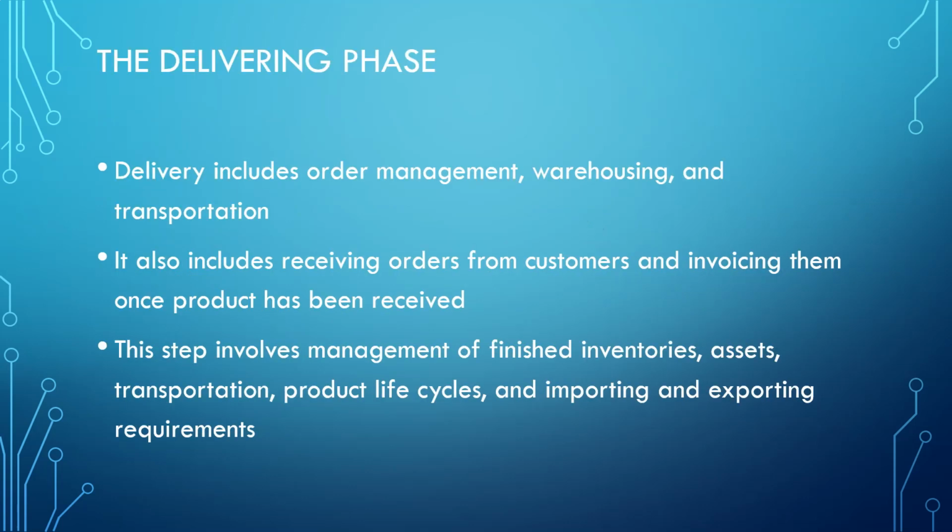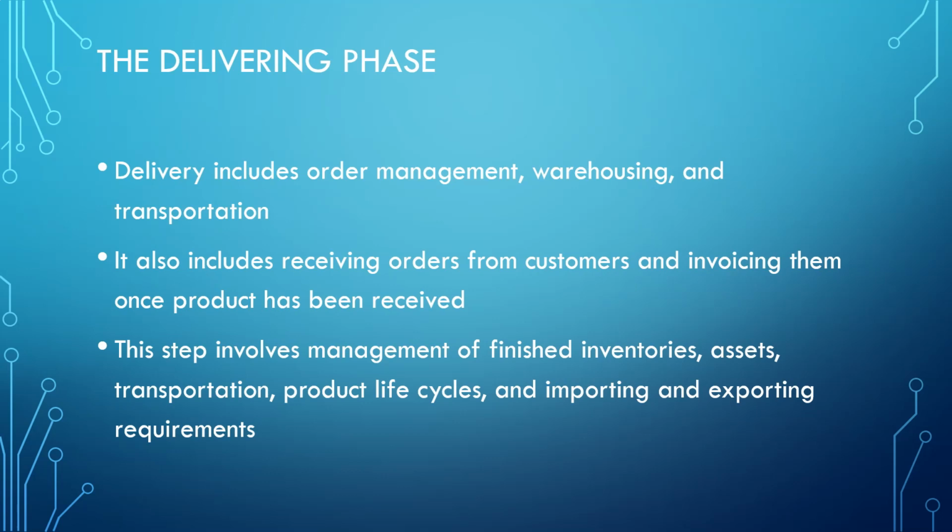The next phase of SCORE model is the delivery. We're done, we made it, now we need to deliver it to the customer, to the end user, or to the next company or partner. Delivery includes order management, warehousing, and transportation. It also includes receiving orders from the customers and invoicing the customer to receive the payment.